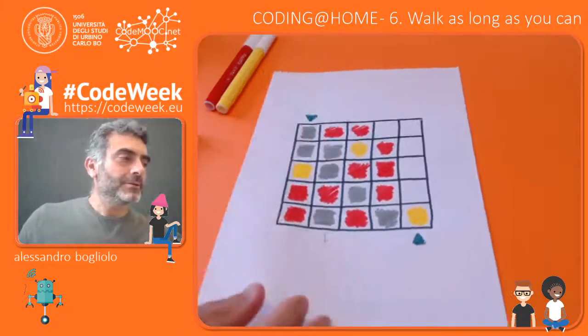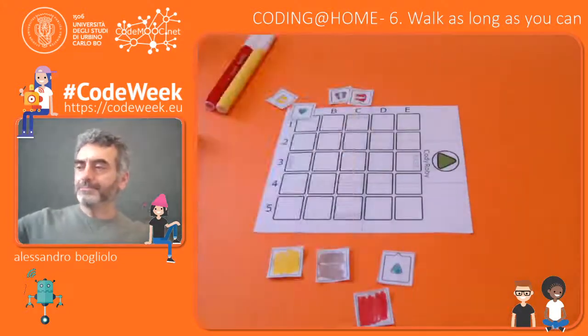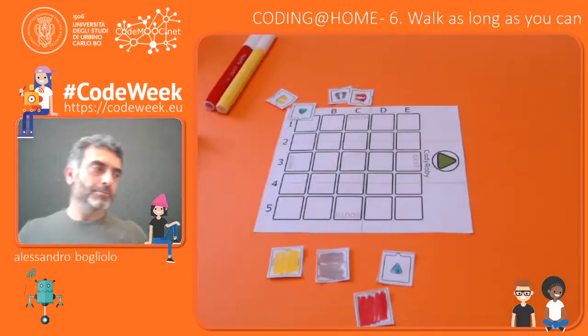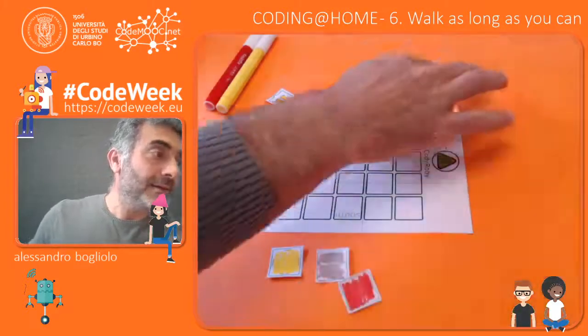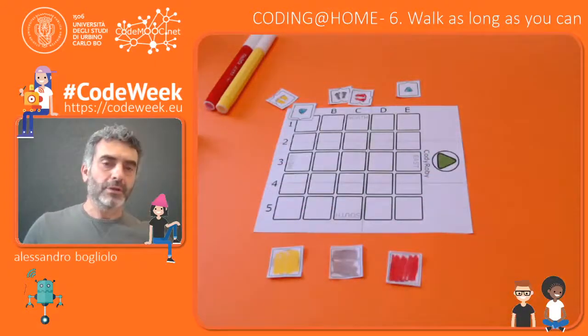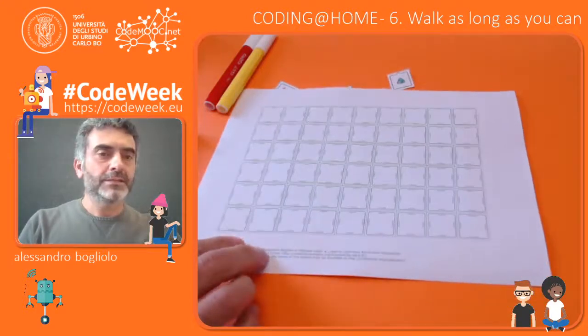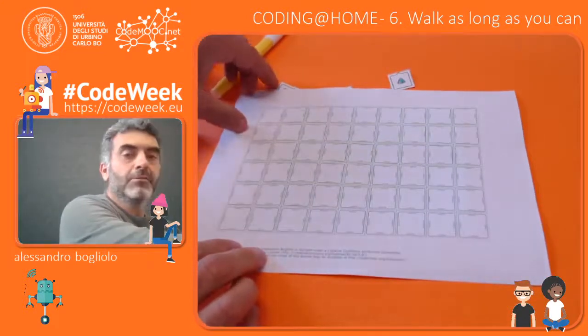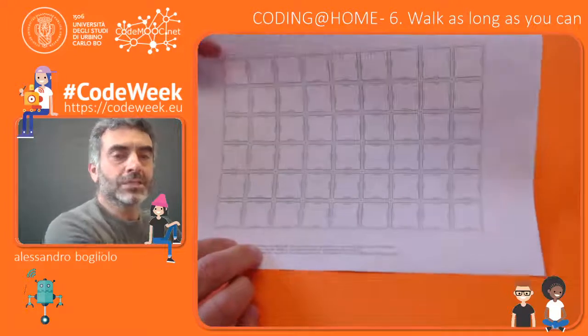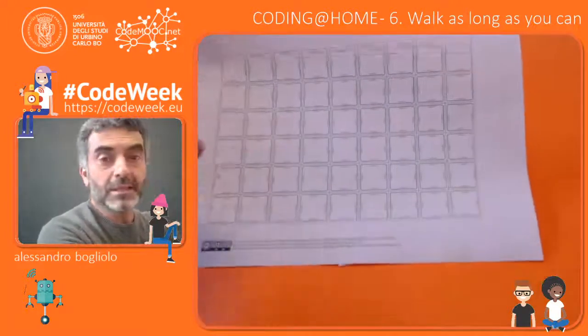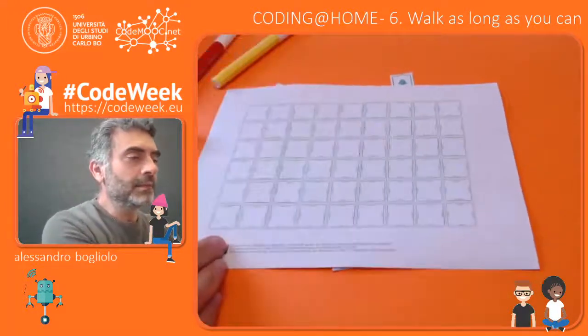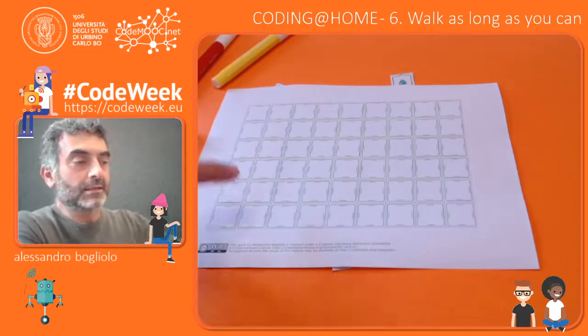In order to tell you how to play with the tiles instead of the colors on the grid, I provide this sheet of paper that contains just, you see, empty tiles that can be colored and then cut along the edges.